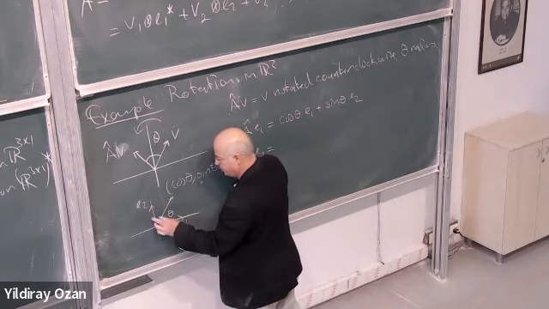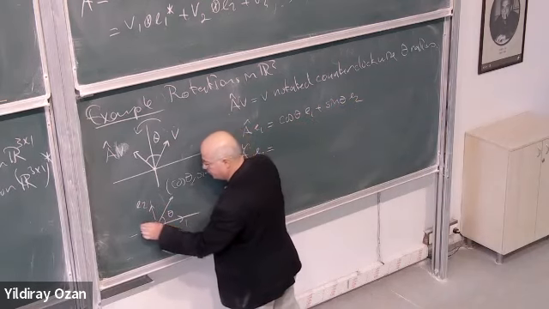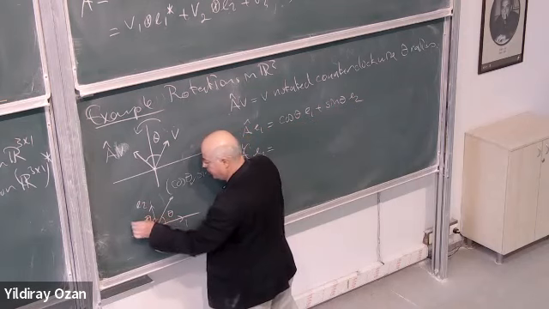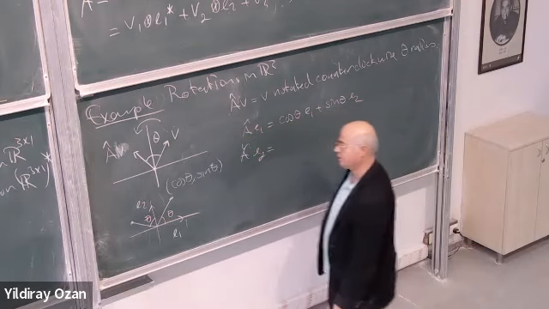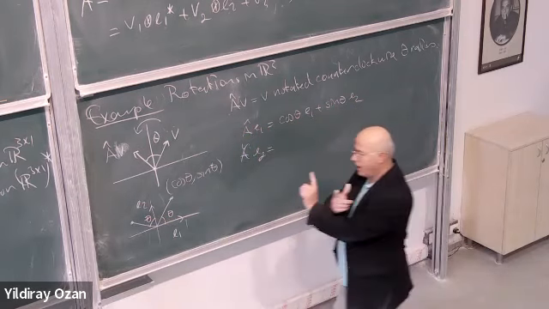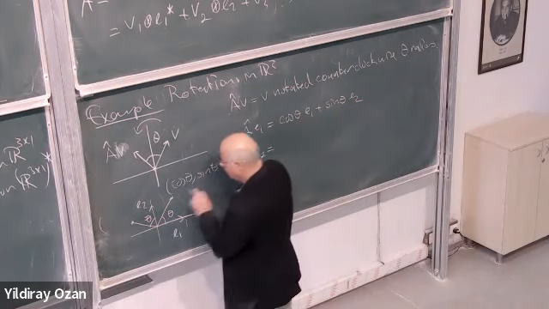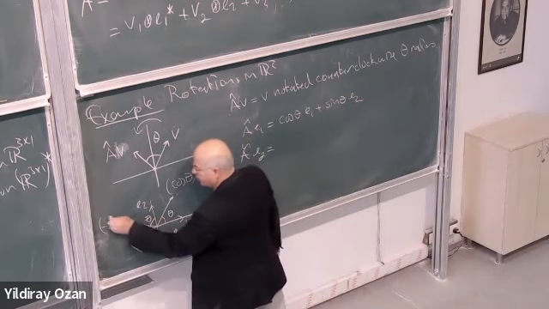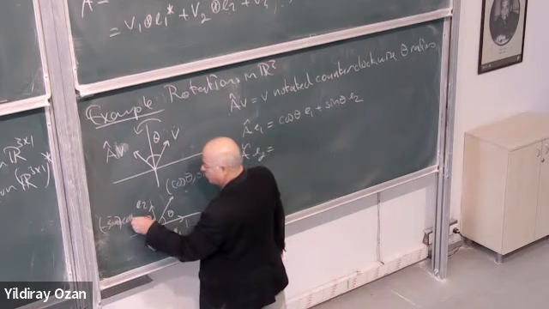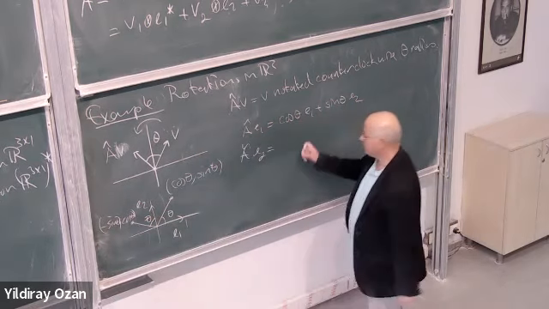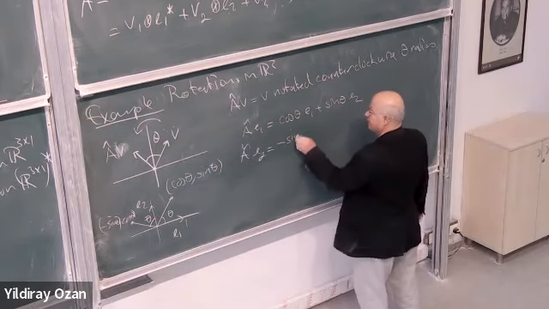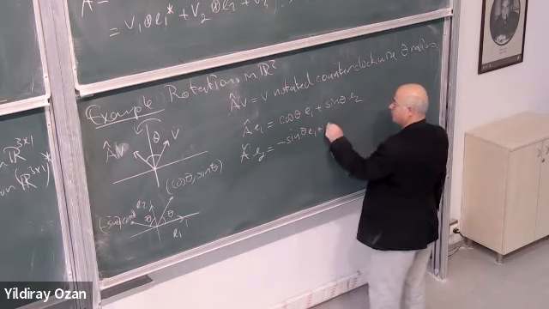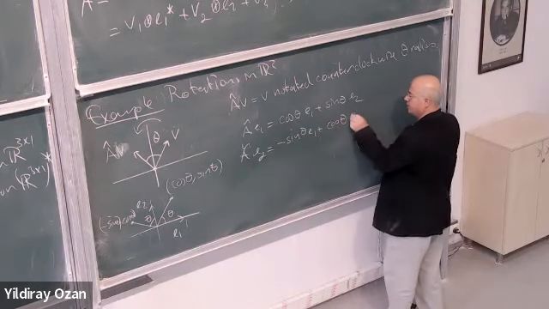If I have this E2, then this will be theta. What are the coordinates here? Sine and cosine will swap. The x coordinate will be negative, so minus sin theta, cos theta, right? So it is just minus sin theta E1 plus cos theta E2.